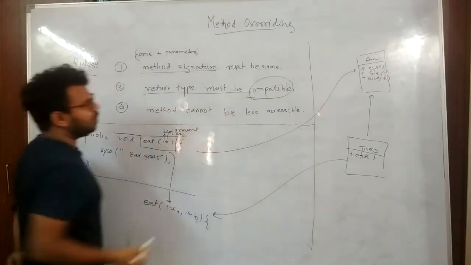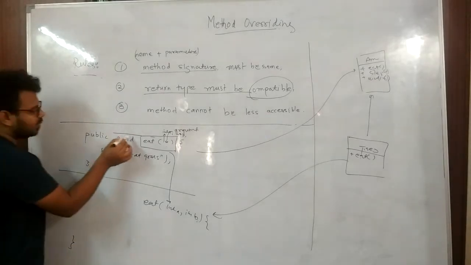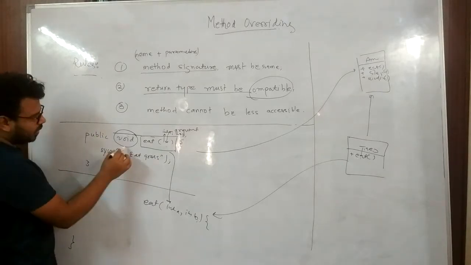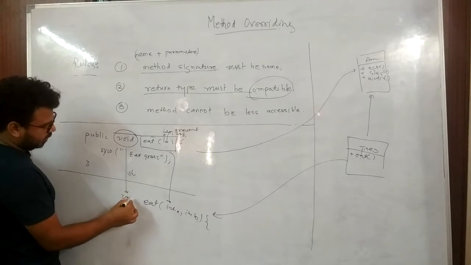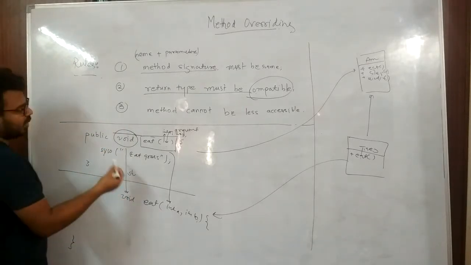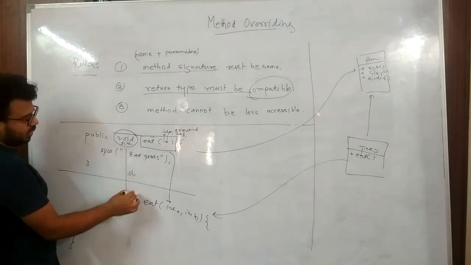Now the second rule says the return type must be compatible. What does compatible mean? It means that if the return type is void, it should be void. If it is int, it should be int.